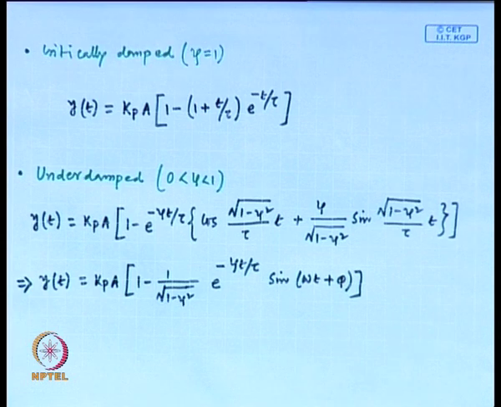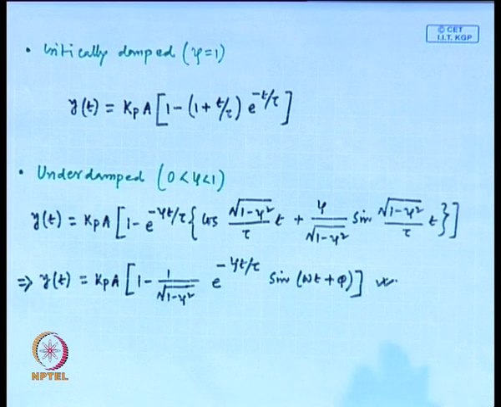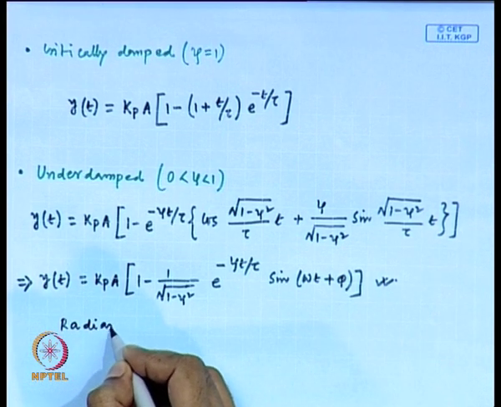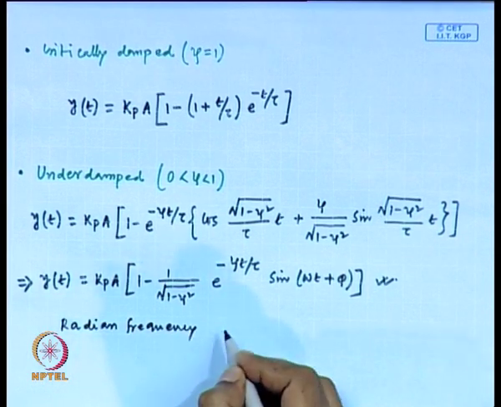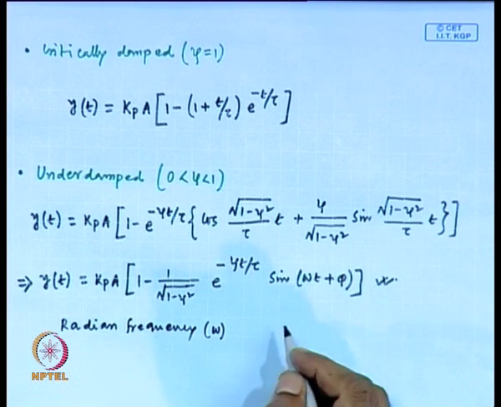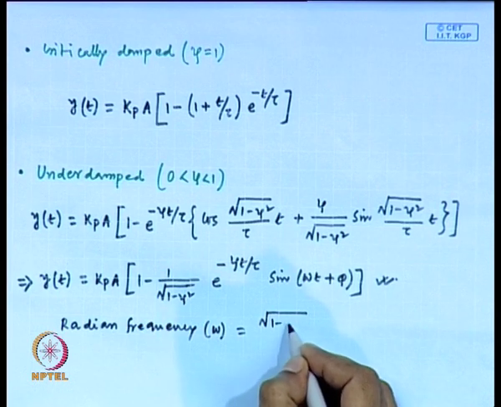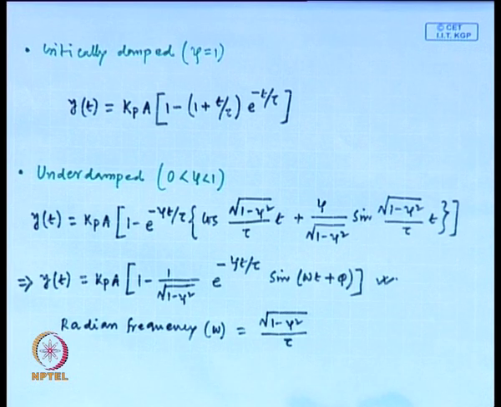Rearranging the expression of y in time domain, we get this last equation where the radian frequency omega equals root over of 1 minus zeta square divided by tau. This is the expression for radian frequency omega.